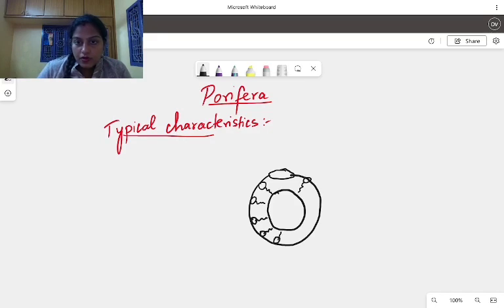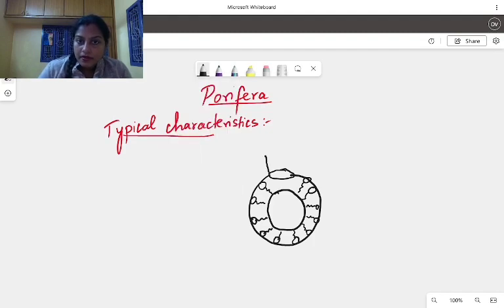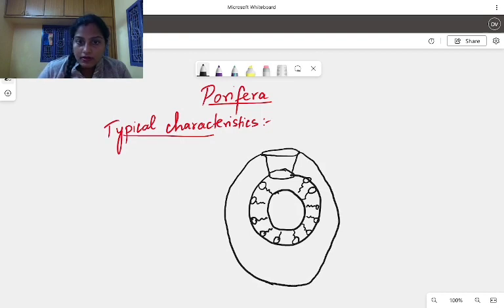I'll tell you what is what. And then outer, like this. Some barrel shaped cells.